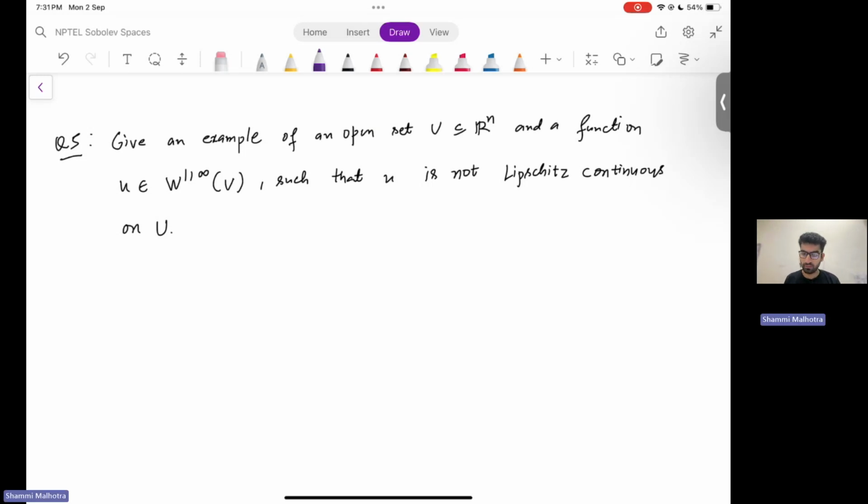We expect this to be the case, but that is not the case. So what is the function we would have?